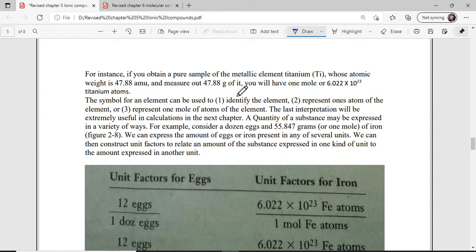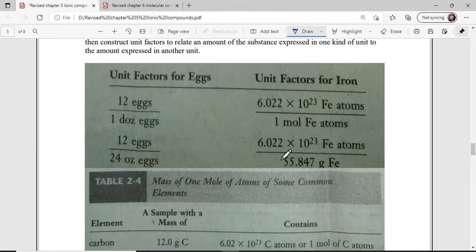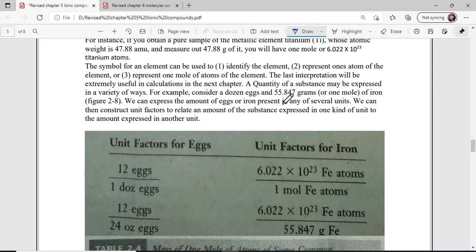Of it, you will have 1 mole or 6.022 times 10 raised to 23 titanium atoms. Okay, so the symbol of an element can be used first to identify the element, then to represent one atom of the element, and also to represent 1 mole of atoms of that element. So it is a bit confusing, but it is easy to explain in our illustration. Okay? The last interpretation will be extremely useful in the calculations in the next chapter.